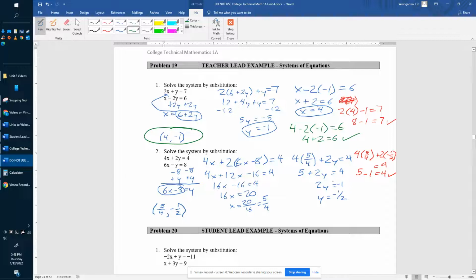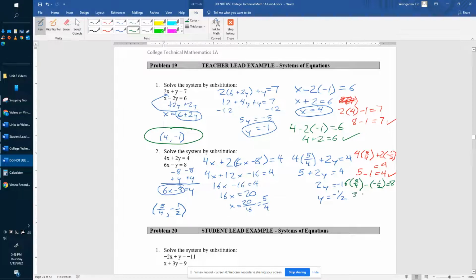Let's plug it into the other equation. We have 6 times 5/4 minus a -1/2 equals 8. So 6 times 5/4, we can cancel out a 2. So 6 times 5 is 30.